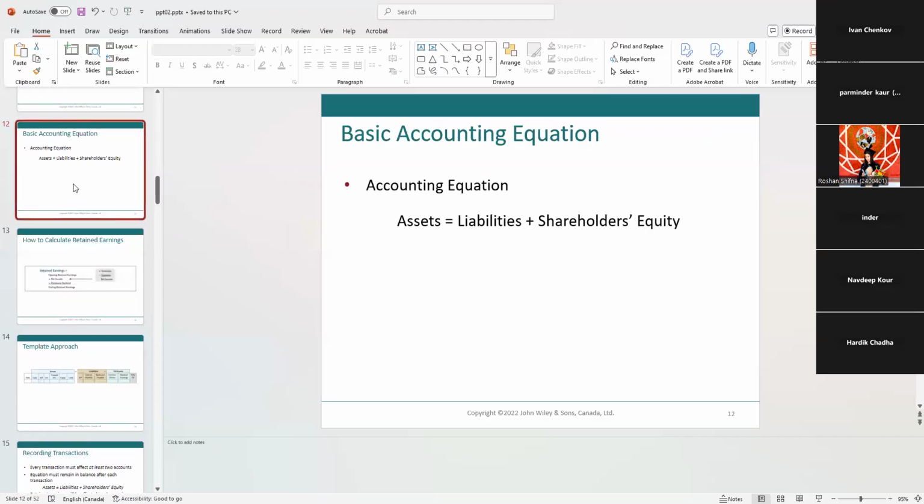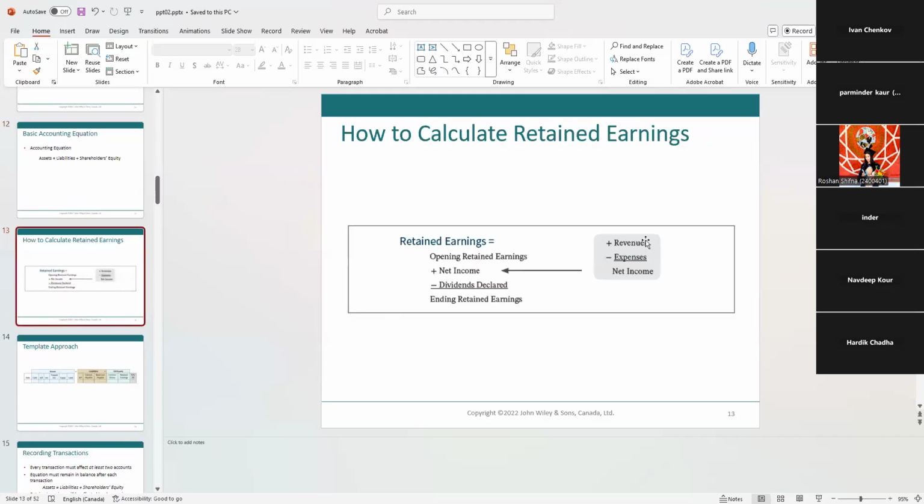That's what you take. Net income is revenue minus expenses; retained earnings is opening plus the net income minus the dividend. That's chapter 2. Now let's move to chapter 3 and finish chapter 3.